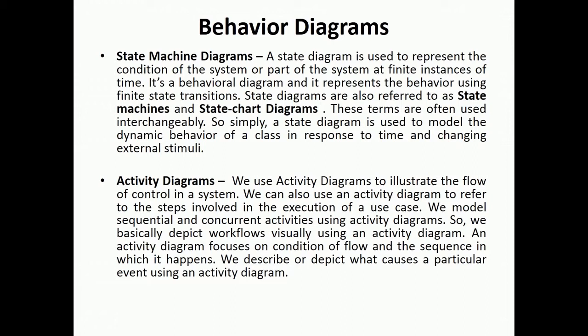So we basically depict workflows visually using an activity diagram. An activity diagram focuses on condition of flow and the sequence in which it happens. We describe or depict what causes a particular event using an activity diagram.